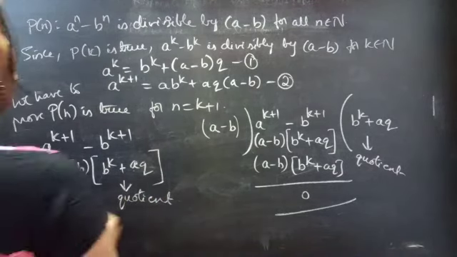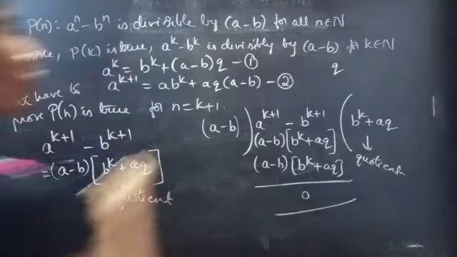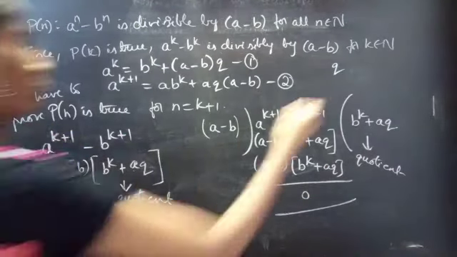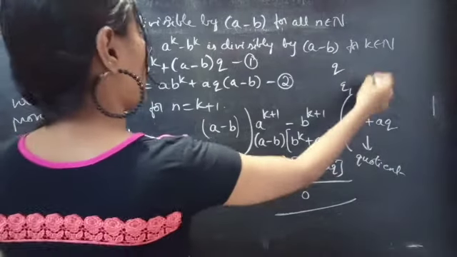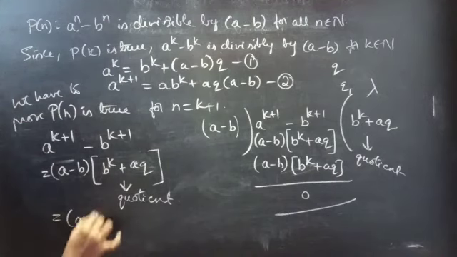Already in k we have the quotient as q, so let's consider it as some lambda. A minus b into lambda.